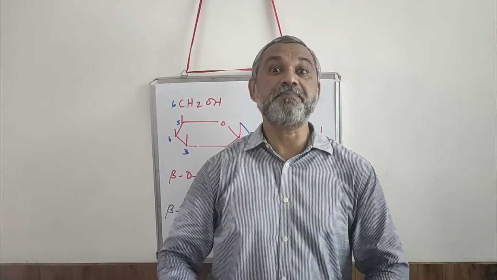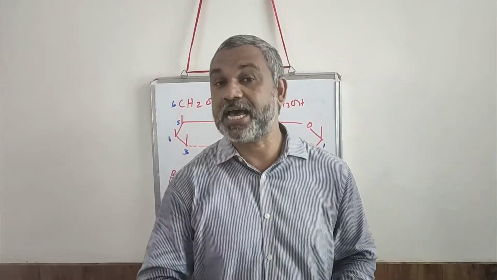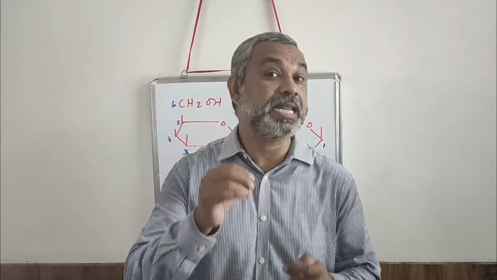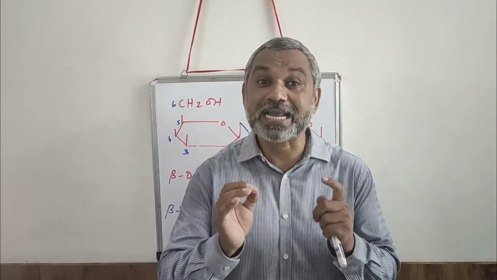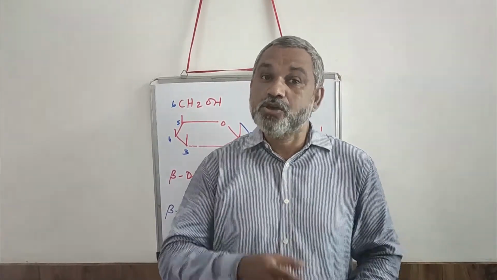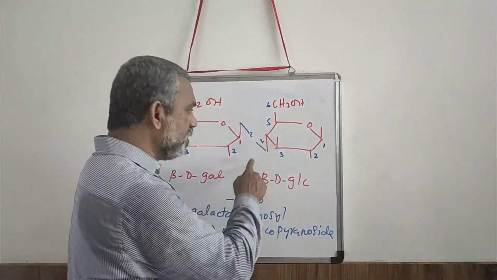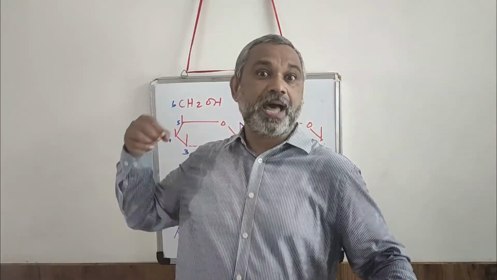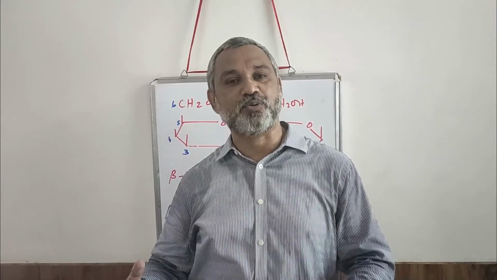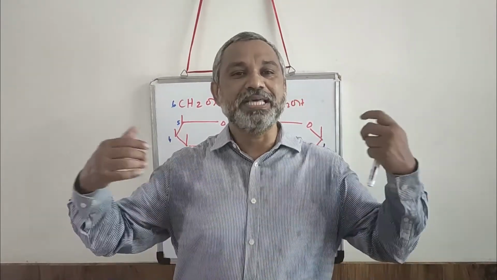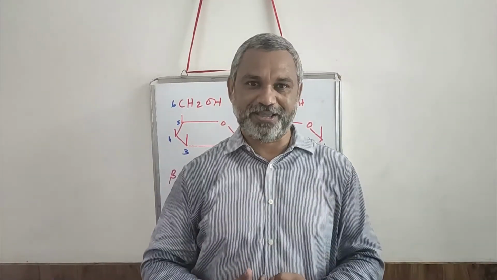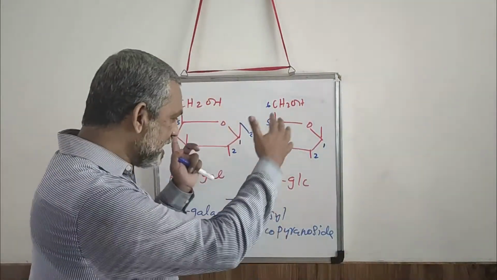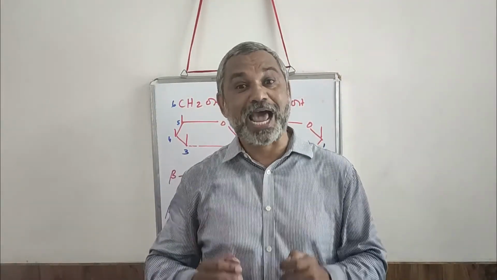Now there is an enzyme present in our intestine, known as lactase. Lactase will cleave these two, glucose and galactose, and they will be absorbed, adding to the energy system of our body. So this is the basic understanding about the lactose molecule.